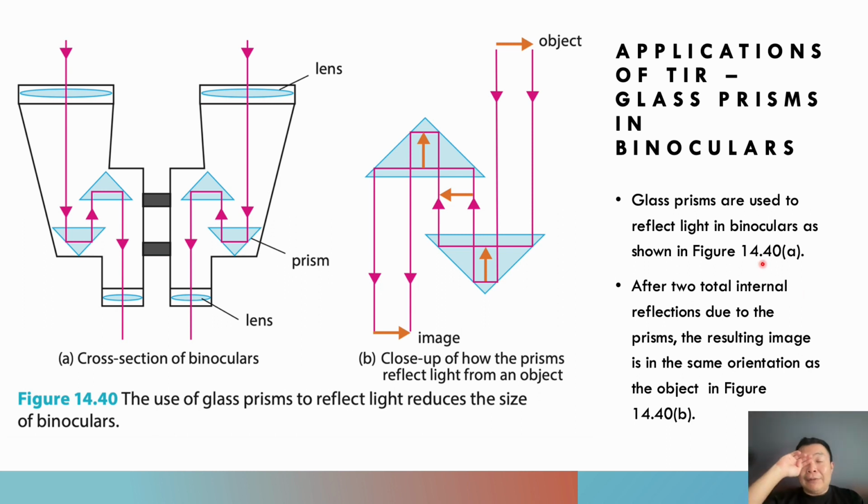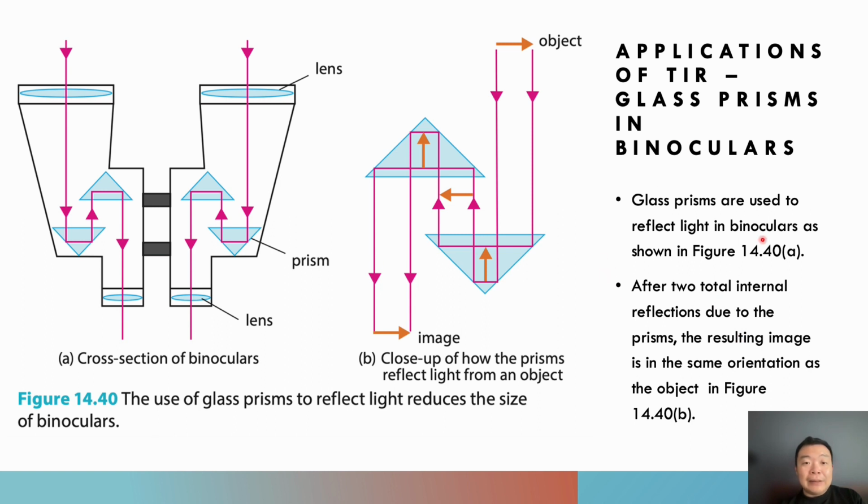So in your worksheet, you will find a lot more examples on how to calculate critical angle, and also do remember how to determine when total internal reflection takes place. Remember the two criteria.